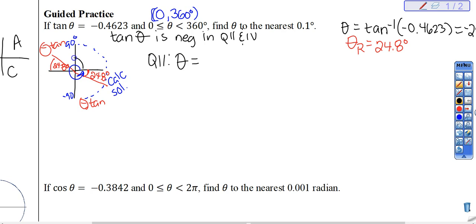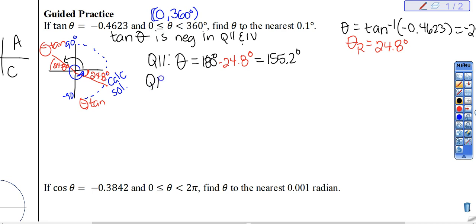From here to here. So 180 degrees, you say subtract the reference angle? Because it's short of 180 degrees, right? It's a little bit short of 180 degrees. So that would be 155.2 degrees. That's definitely within our interval of 0 to 360 degrees.